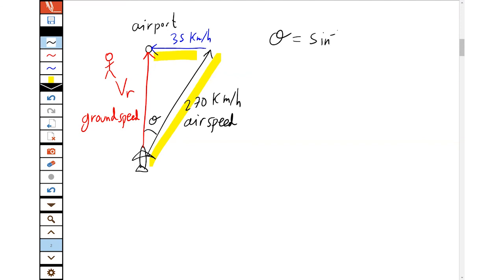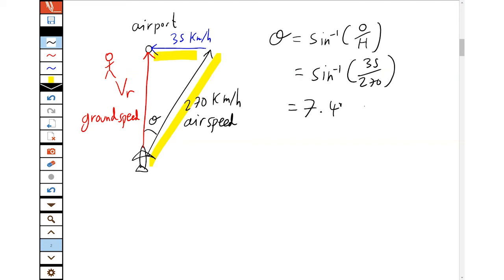So the inverse sine of the opposite side over the hypotenuse is the inverse sine of 35 over 270, which gives us 7.4 degrees east of north. Don't forget to put down your direction once you draw an angle. 7.4 degrees, what? East, west, north, or south? Always write down what it actually is.